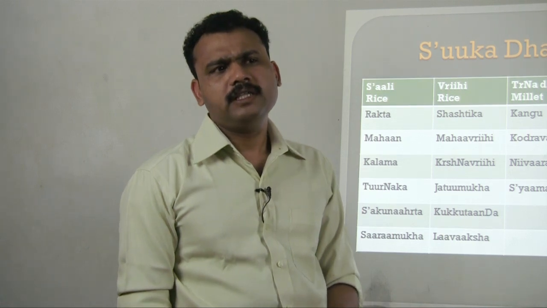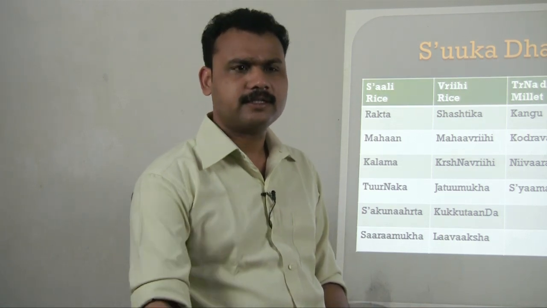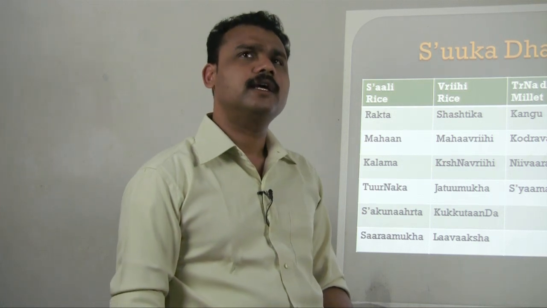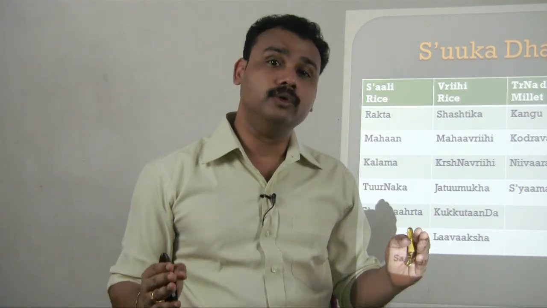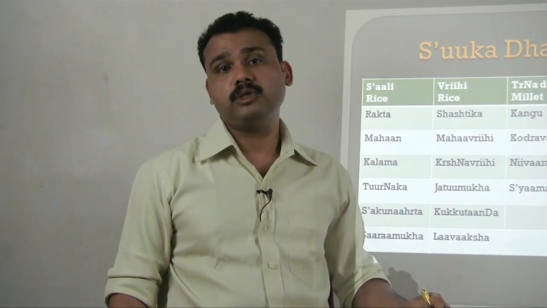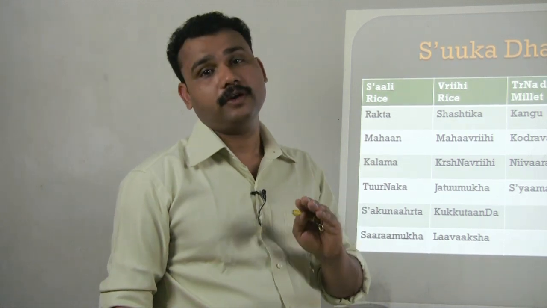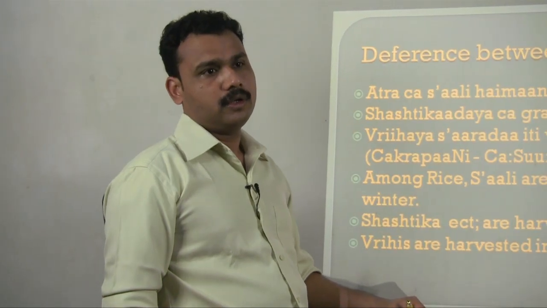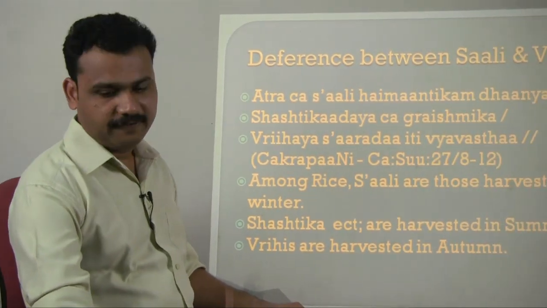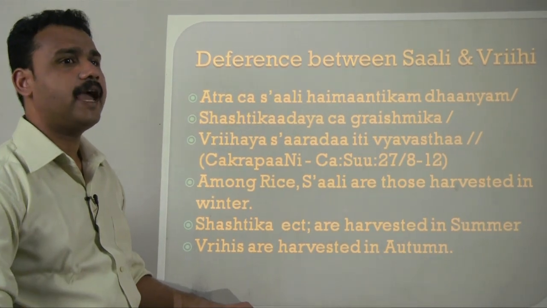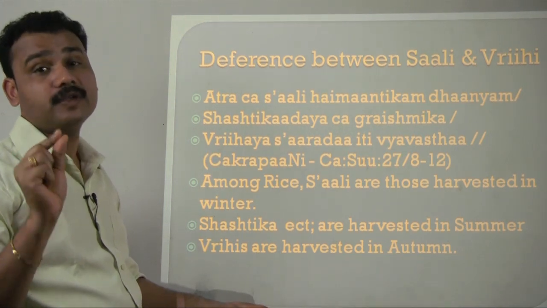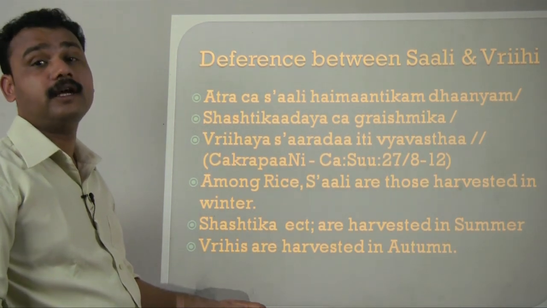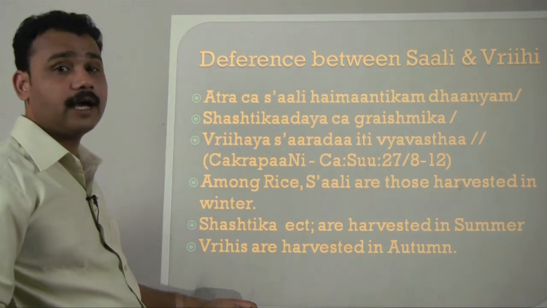So with these interesting observations, let us look into the details of the difference between these 2 main groups that Vagbhata makes, Shali and Vrihi. So what is the difference between Shali and Vrihi? When you search for the answer to this question, you don't find it in Ashtanga Sangraha or in Ashtanga Hridaya at all.